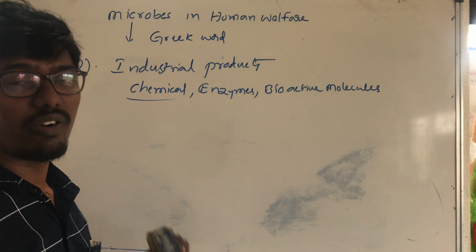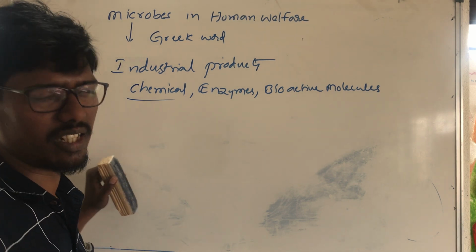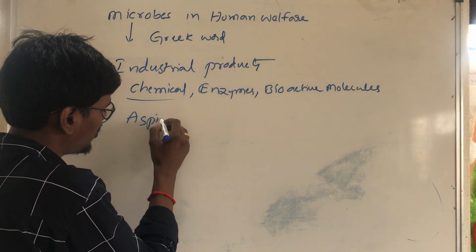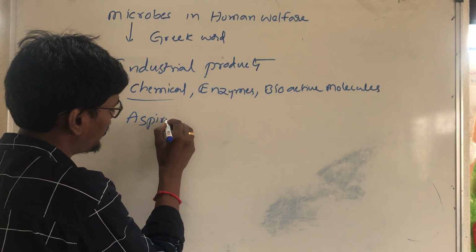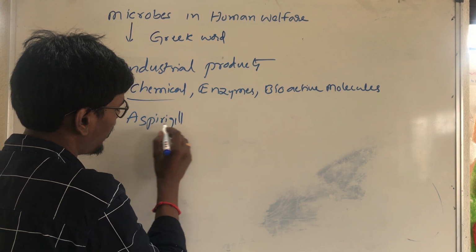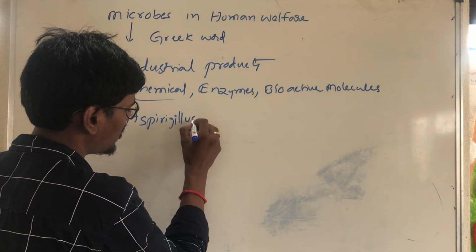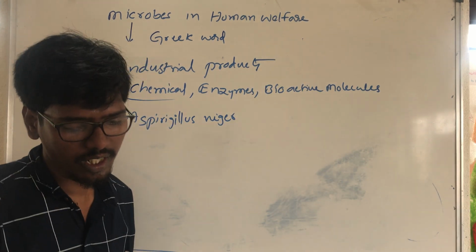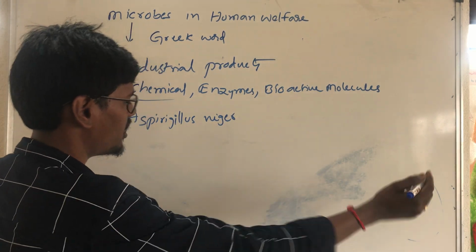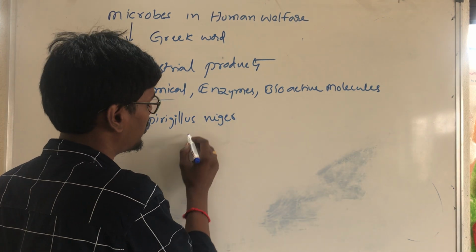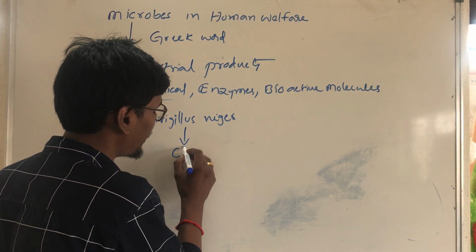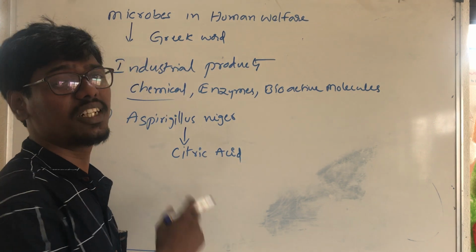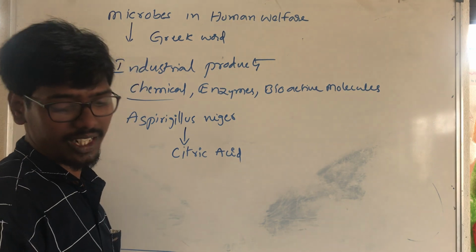First, Aspergillus niger, which produces citric acid.